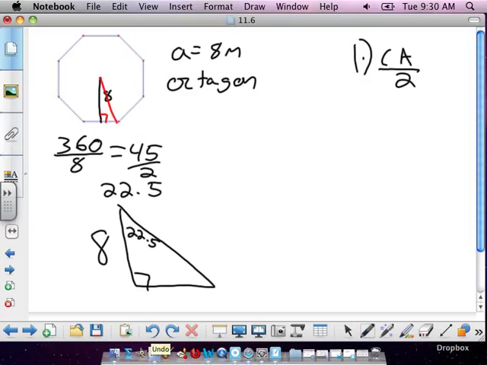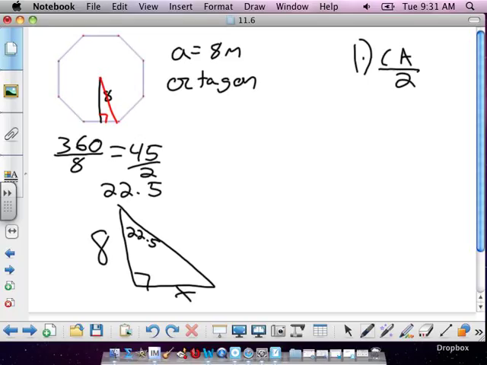Why did we do 360? Because it's like a circle, right? A circle's 360. And if we encompass that whole thing in the circle and then divide it up into 8 triangles, I want to know what the angle is for each of those triangles. I want to know what the side is right here.